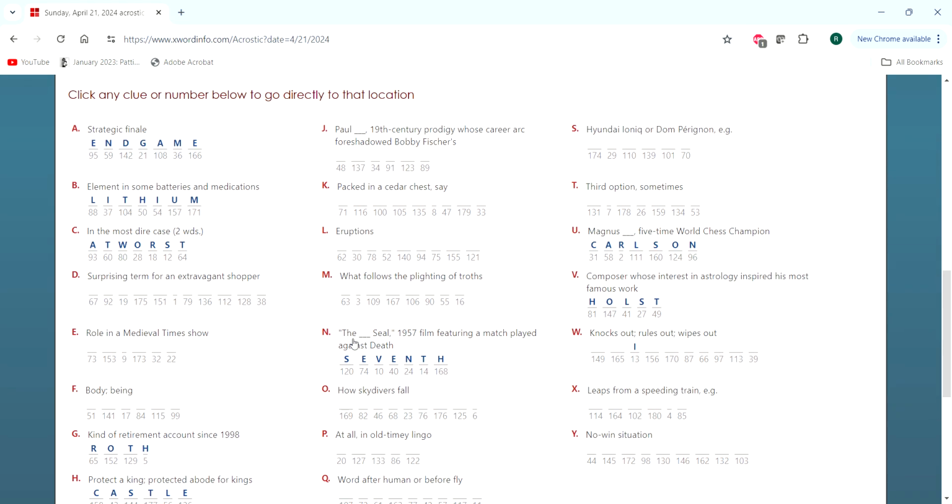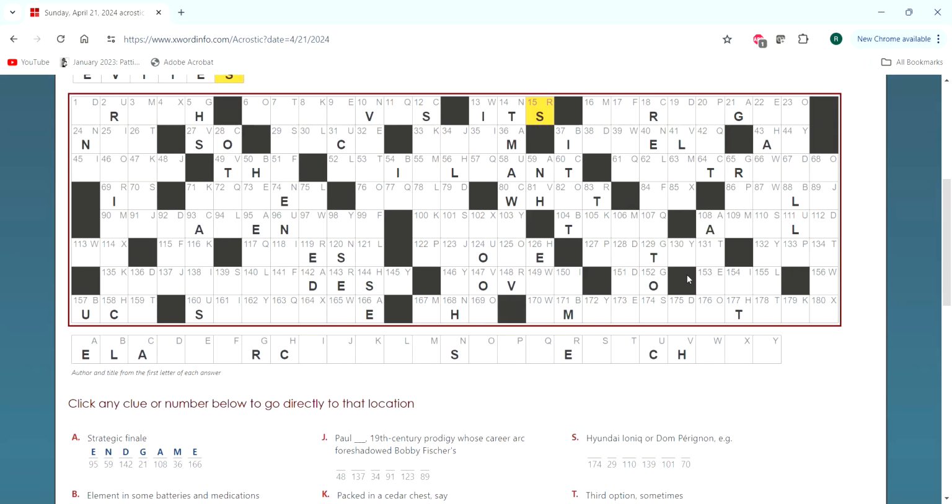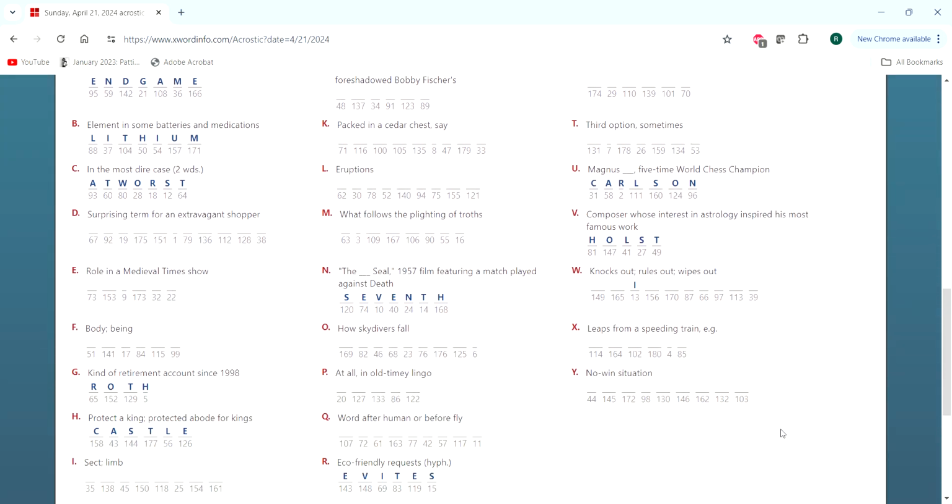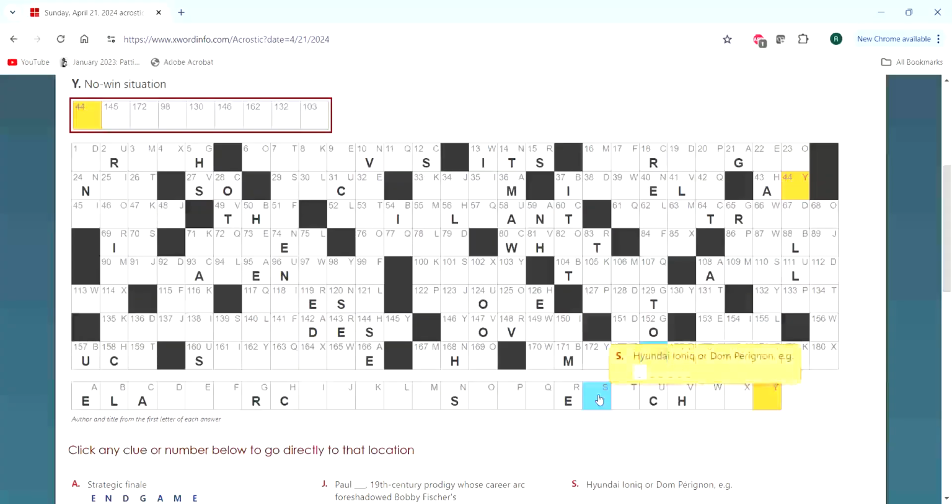Here's one clue that seems to also be about chess, because Bobby Fischer is a chess champion. This theme of chess in here suggests that the quote up here is likely to be about chess in some way, which makes me think that right down here, for example, no-win situation, because of the chess theme, I'm going to go with stalemate.